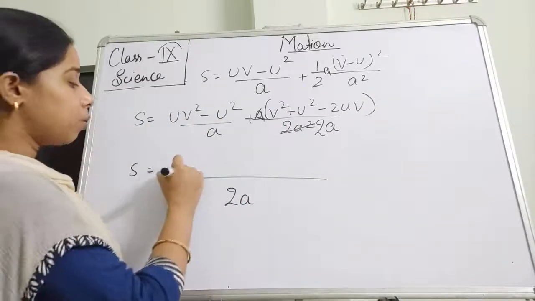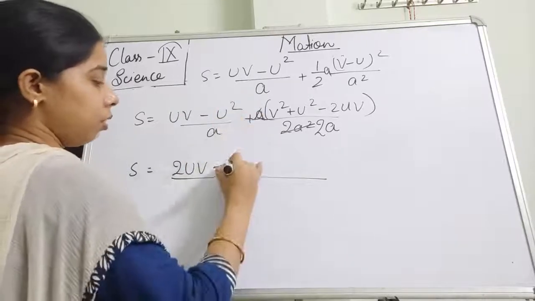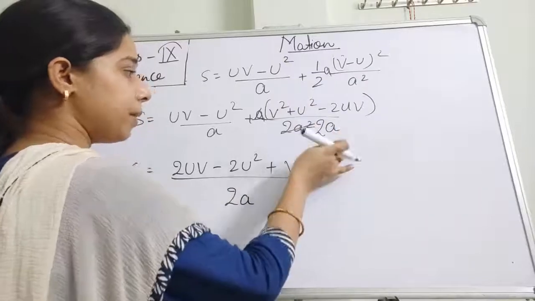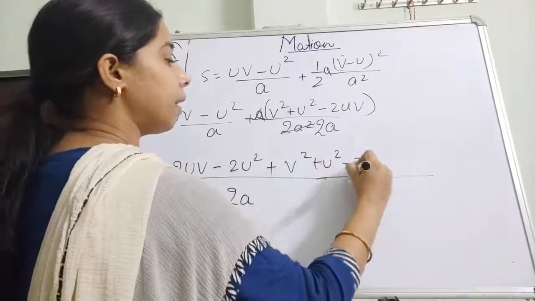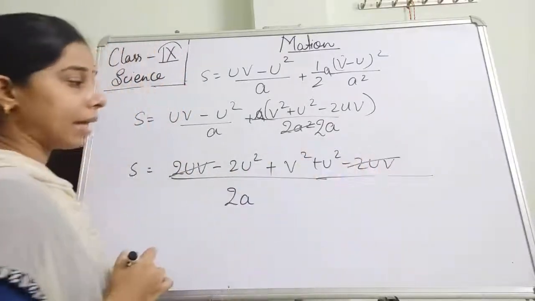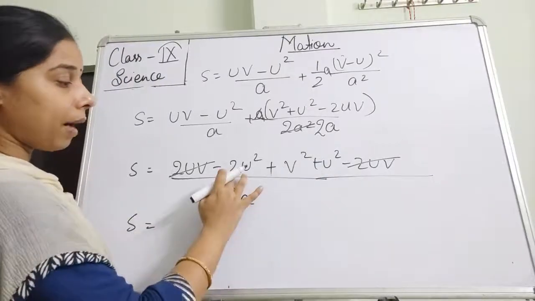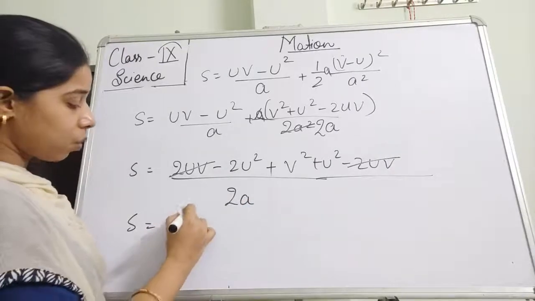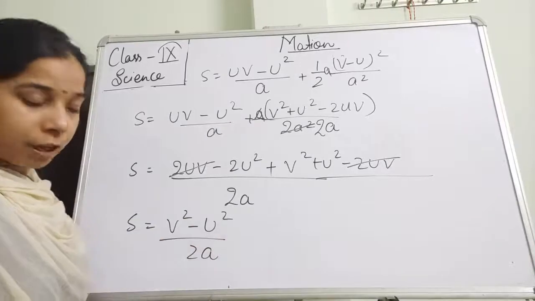So it will be equal to 2uv minus 2u square, plus, this whole expression will be the same because this is 2a, so v square plus u square minus 2uv. Plus 2uv minus 2uv will cancel each other, and u square minus 2u square will be equal to minus u square. So v square minus u square upon 2a is left as it is.